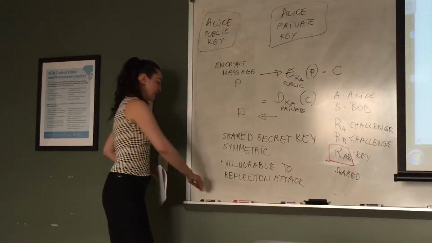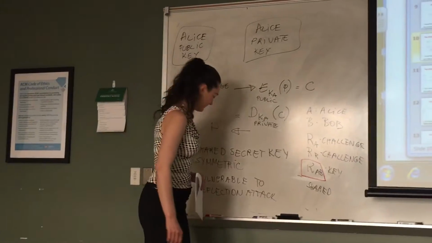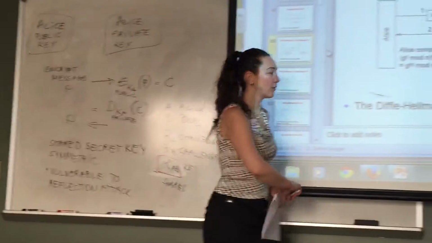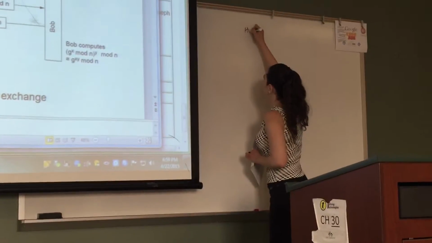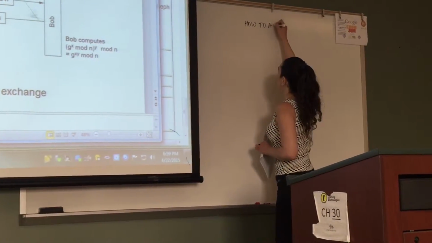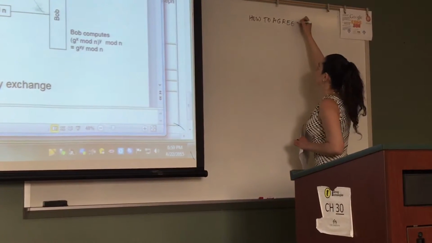One way to do that is, for example, to call on the phone and talk to each other and agree on the key.